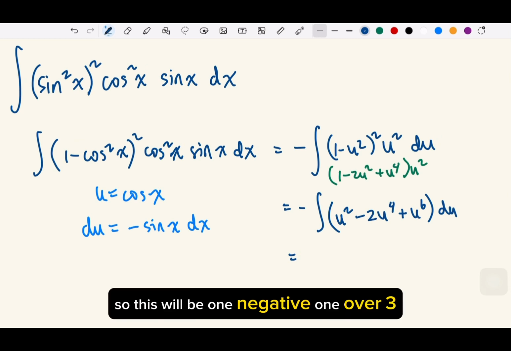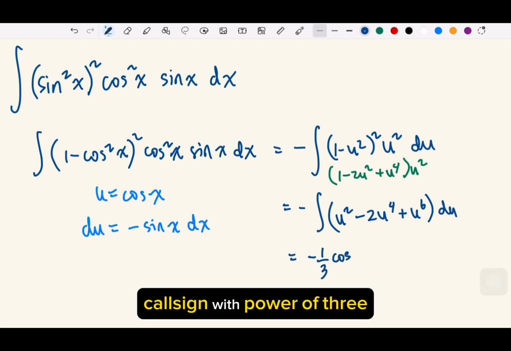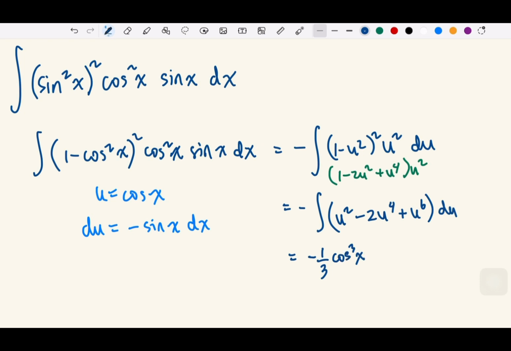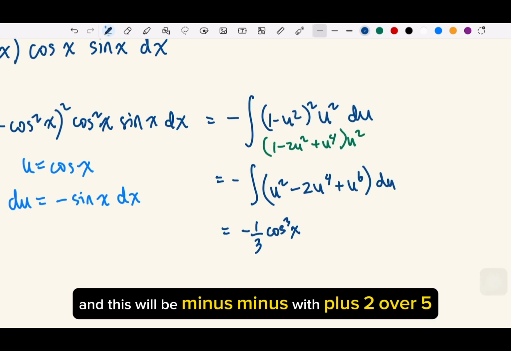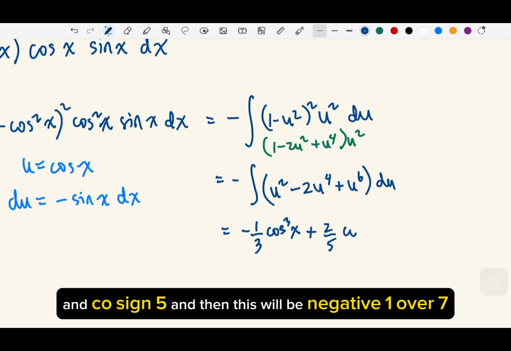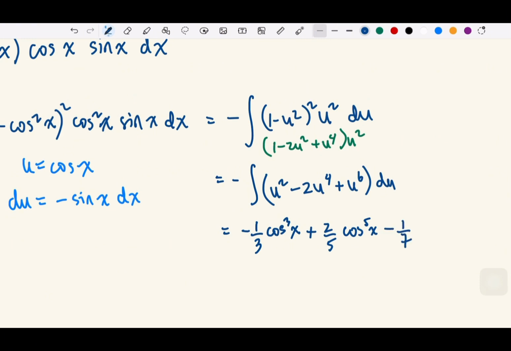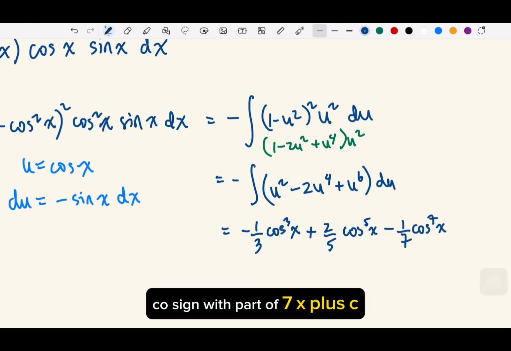So this will be negative 1 over 3 cosine to the power of 3, plus 2 over 5 cosine to the 5th, negative 1 over 7 cosine to the power of 7 x, plus c.